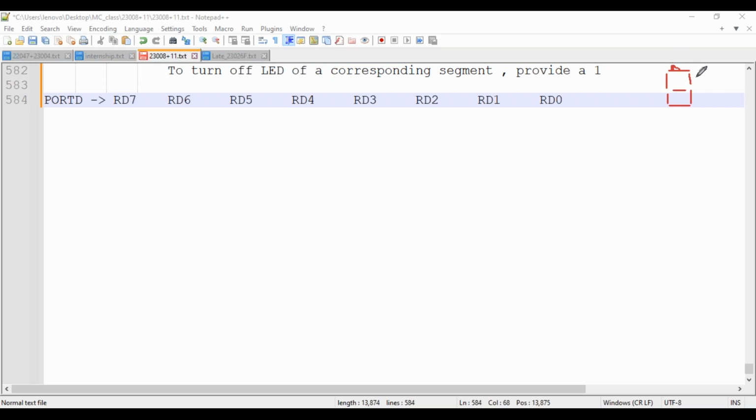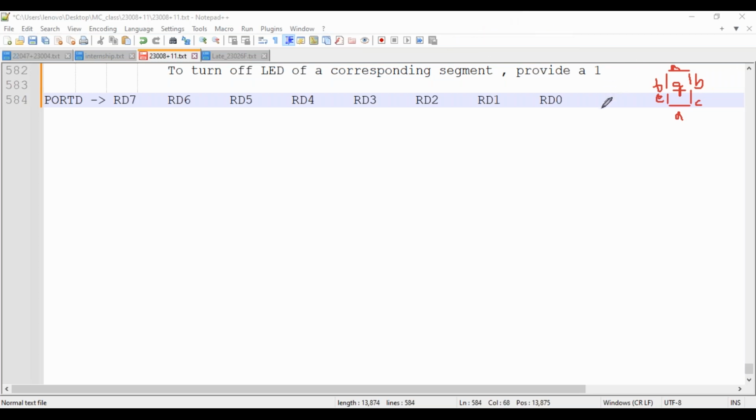This is segment A. This is B. This is C, D, E, F, and G. Okay. Now tell me, if I have to display 1.